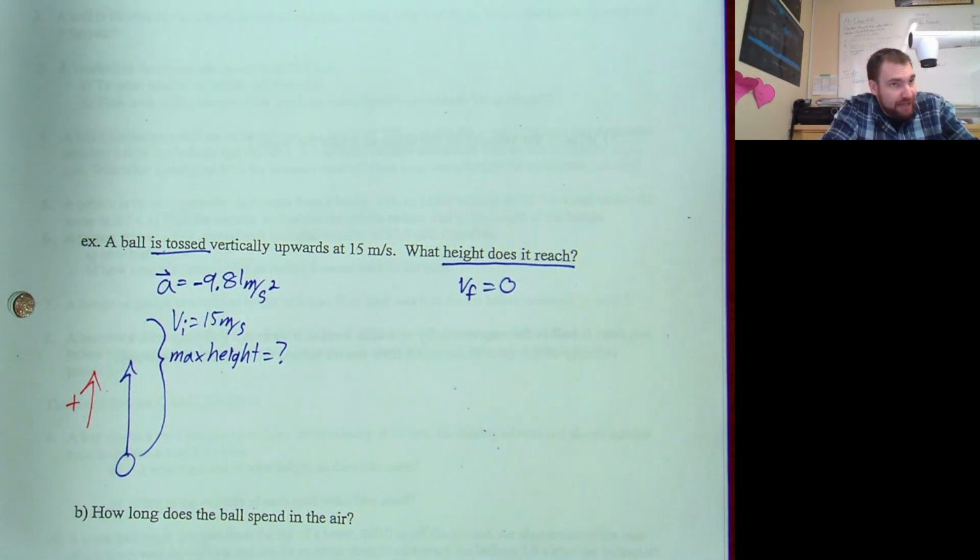So then the kinematic equations are still the same. Which kinematic equation is going to relate VI, VF, A, and the maximum height? If you don't have them memorized, having your formula sheet out is never a bad idea.